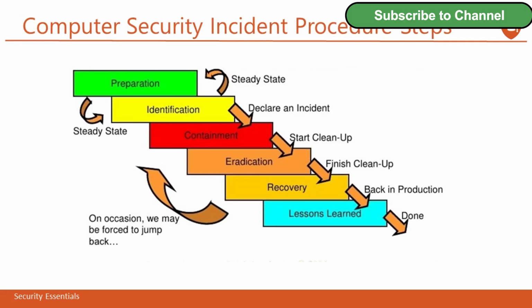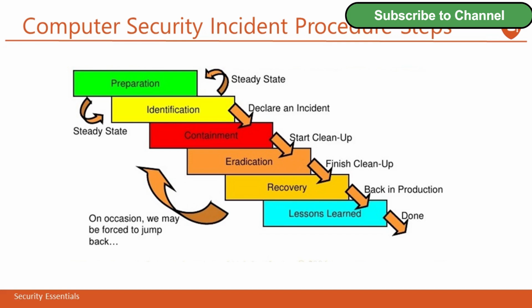Next, we have computer security incident procedure steps. So as you can see, there are 6 procedures: preparation, identification, containment, eradication, recovery, and last, lessons learned. If there is any kind of incident in the organization, whether it be a cyber attack or a natural disaster, these steps outline what they have to do and how they have to do it.